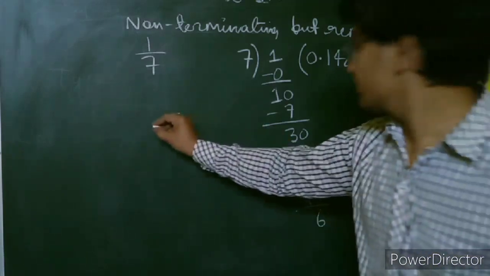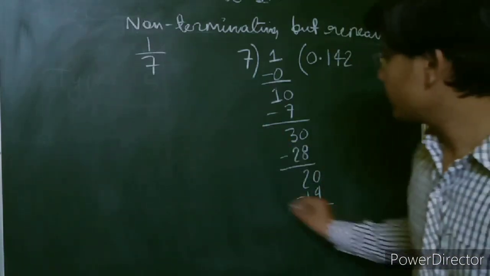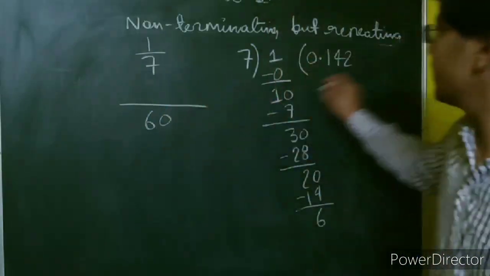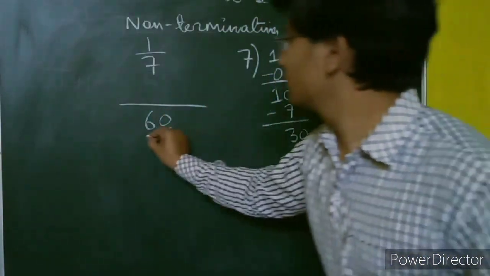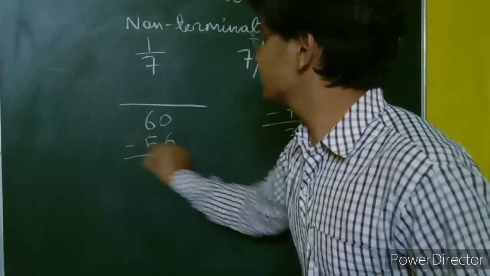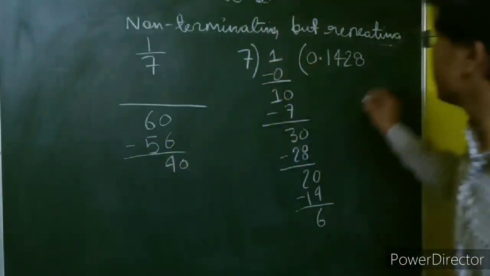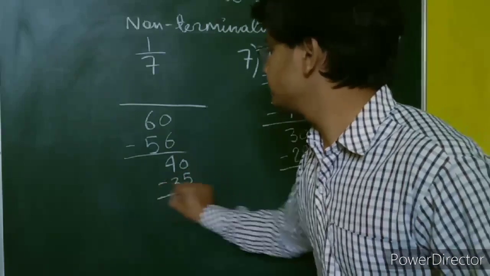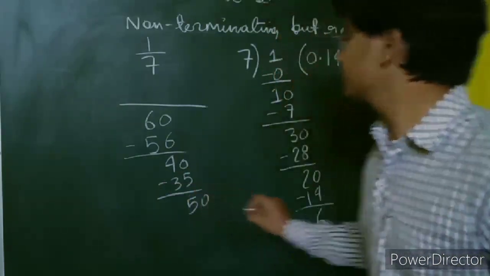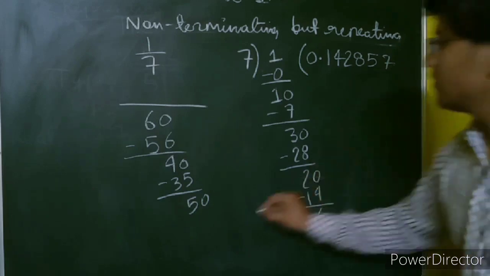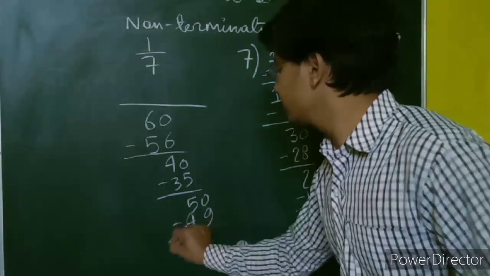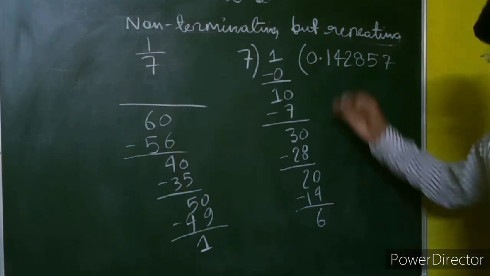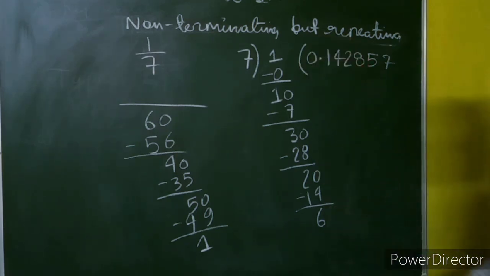So 6 we will take here 0. 7 8s are 56, remainder is 4. 7 5s are 35, remainder is 5. 7 7s are 49, remainder is 1.